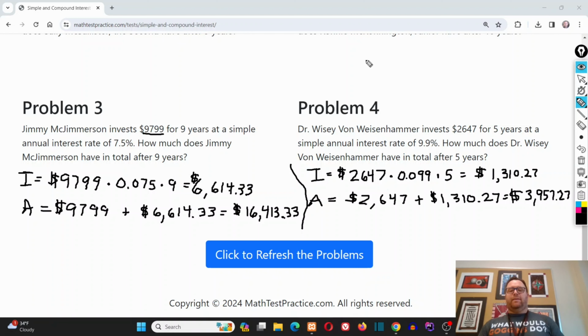Okay, so again, let me write that up there in case my face is getting in the way. So it's $3,957.27 for the last problem.